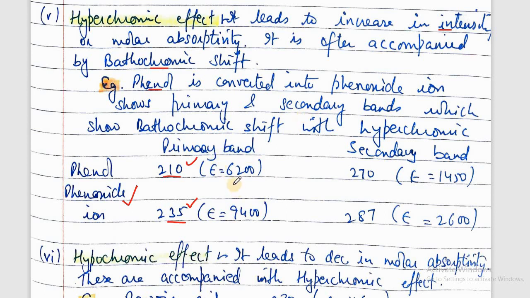Here the epsilon value is 6200, and here it has increased to 9400. So by converting phenol to phenoxide ion, or phenate ion, we are able to increase the intensity, and the bathochromic shift also takes place, that is a slight increase in lambda.